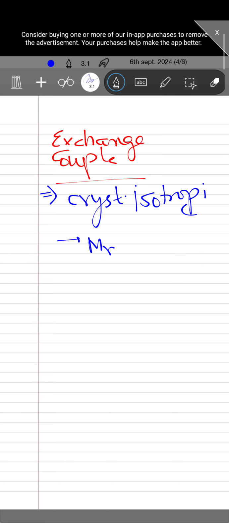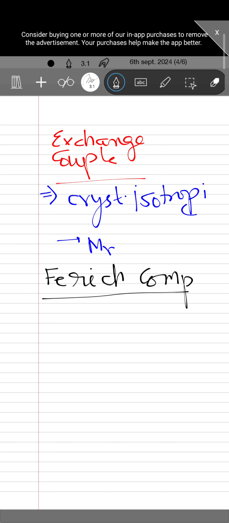Now we will consider a case where we are dealing with an Fe-rich composite, like Fe90, Nd7, and B3.